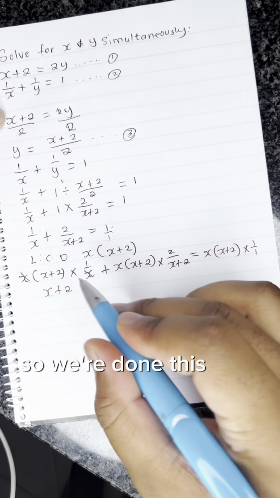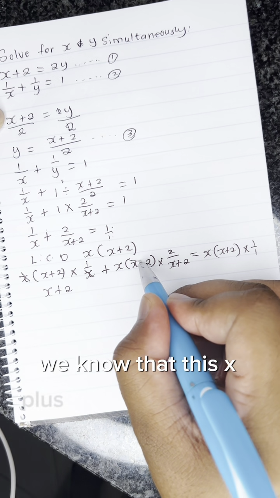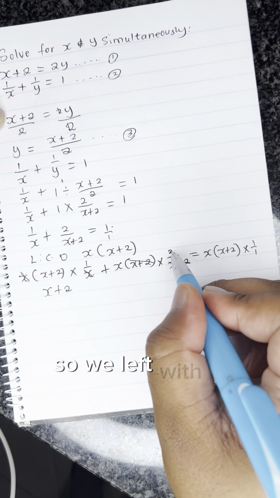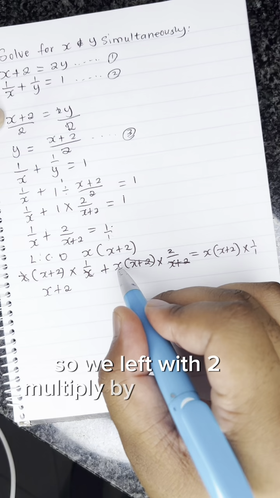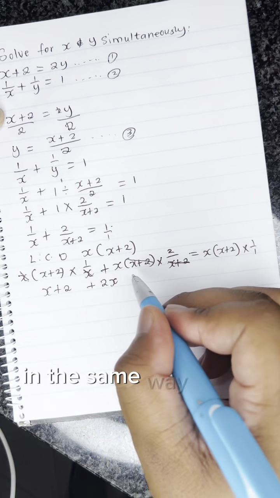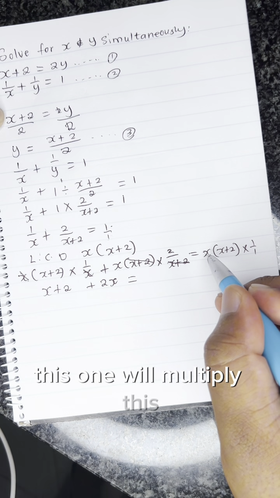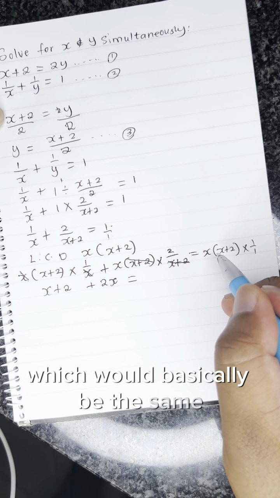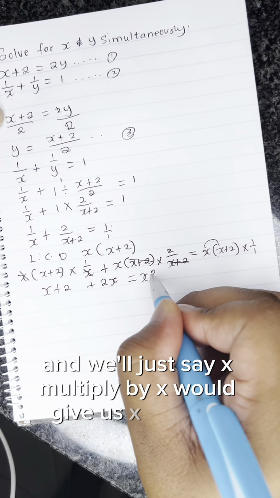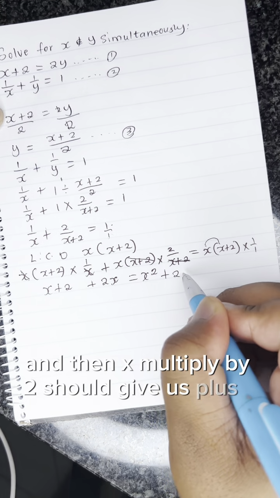So we're done this side. And then on this side, this x plus 2 will cancel this x plus 2. So we'll be left with 2 multiplied by x, which will give us 2x. In the same way, on the right hand side, x multiplied by x will give us x squared, and x multiplied by 2 will give us plus 2x.